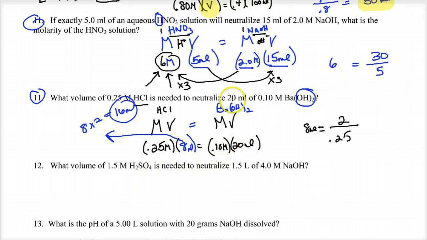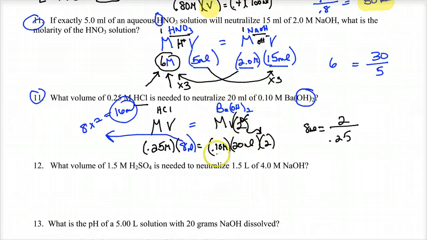Or, here's what you can do. Since this has 2 hydroxides, you can actually write that 2 right in the formula. I'm going to put it right here. So now, by dropping this 2 into the formula on the side that has more, watch what happens.